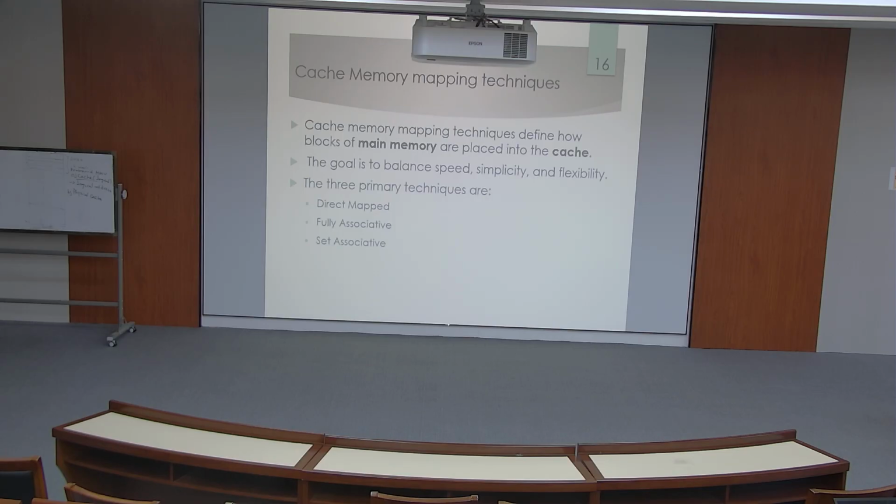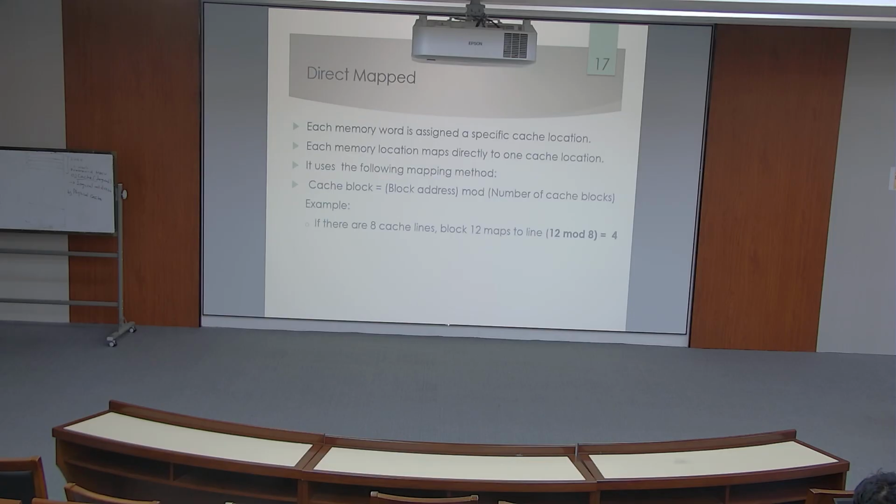The goal is to balance the speed, simplicity, as well as the flexibility of the memory system. We have three different cache mapping techniques. The first one is direct map. The second one is fully associative. The third one is set associative. Now, let's get started with the direct map.